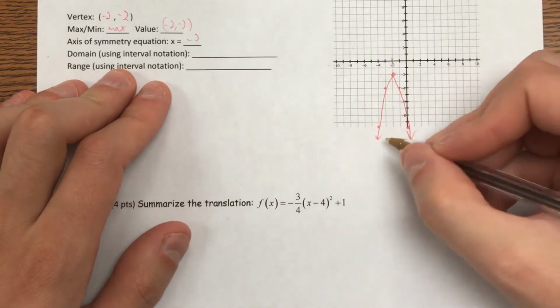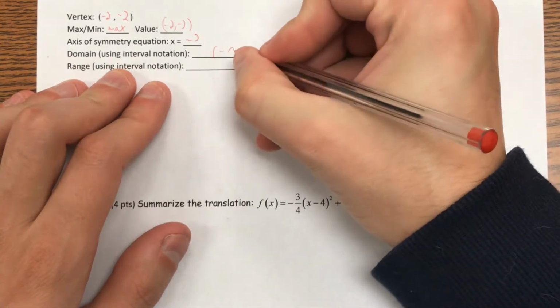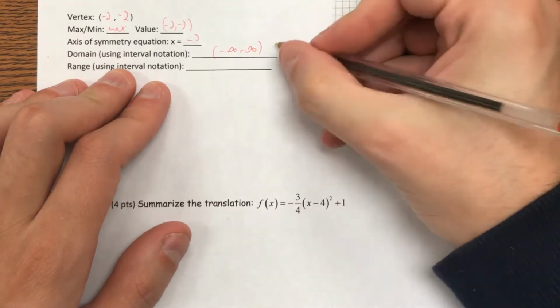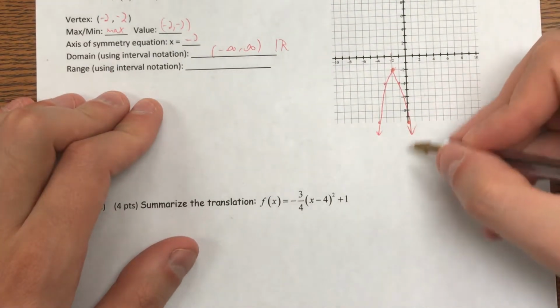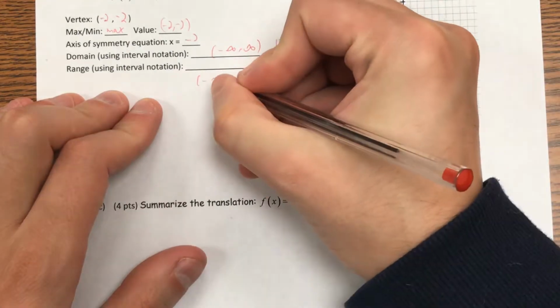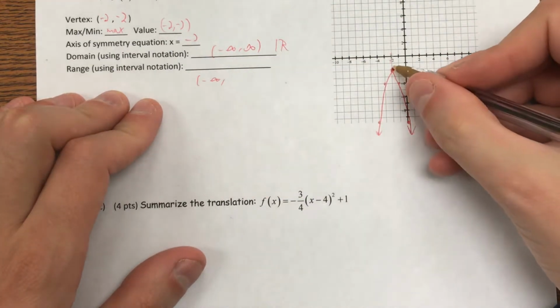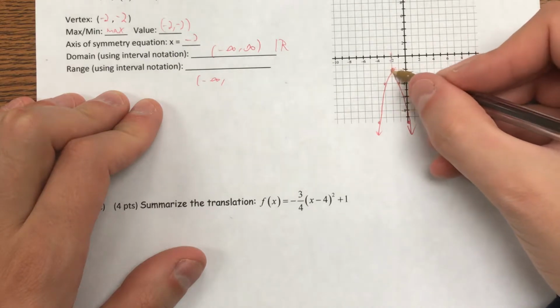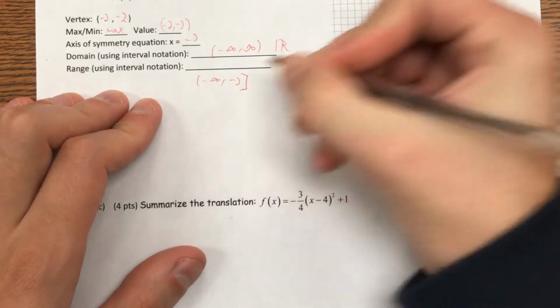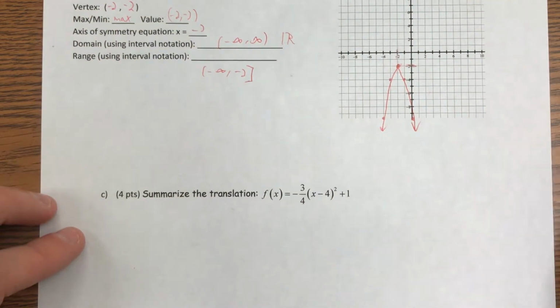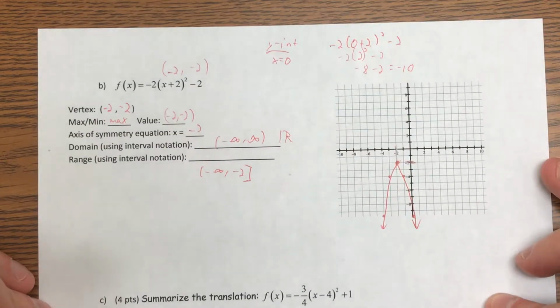Domain goes left forever and right forever, so once again, negative infinity to infinity, or all real numbers, whichever. And range, the lowest it gets here is -infinity. And the highest it gets is right here. And that highest is -2 with a bracket. All right. There you go, entire problem.